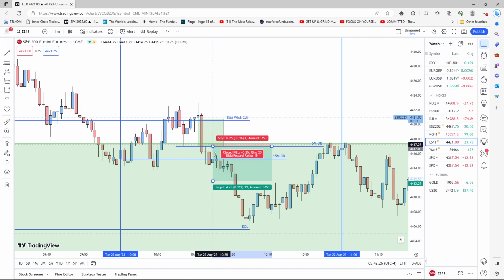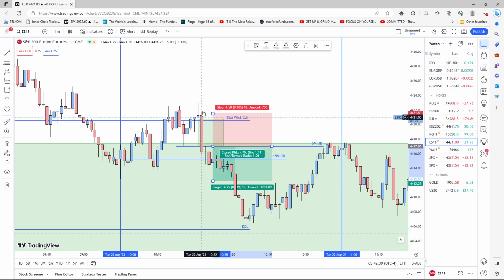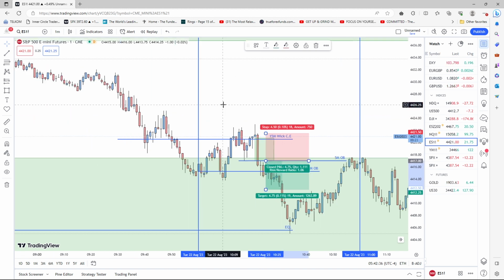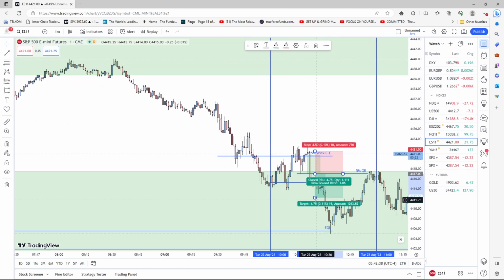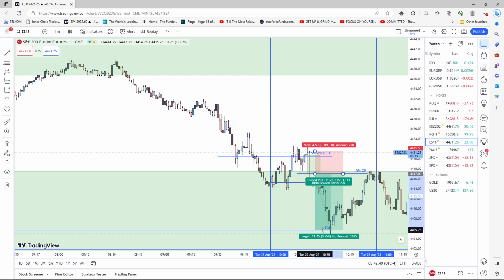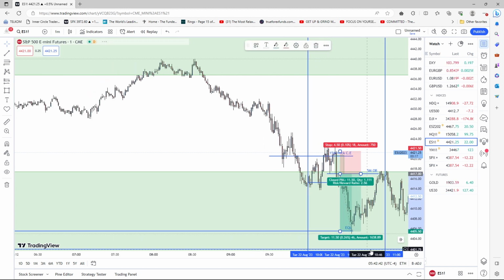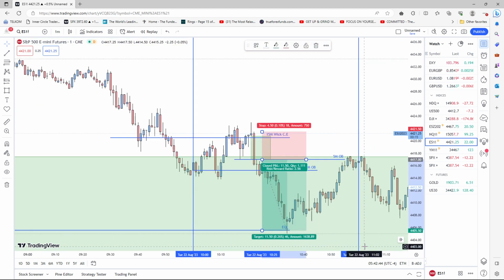Your stop would have to be above the candle that created the fair value gap. As far as take profits, remember we were looking at these equal lows and ultimately these lows down there.